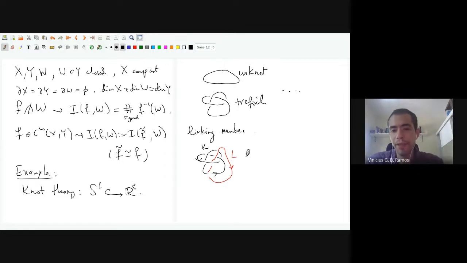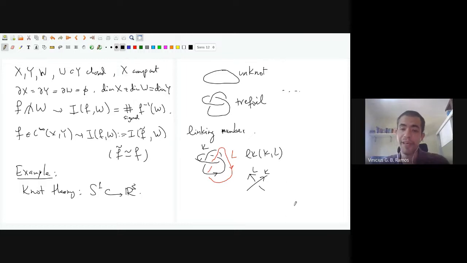So what is the linking number of K and L? When I draw this picture, I really am thinking about the projection of this picture to R2, or you can look at this picture and imagine what the knot embedded in R3 is. But what's the linking number? You look at every intersection of the projection of K and L, and so if this is K and this is L, you look at all the intersection points, and you just count them.